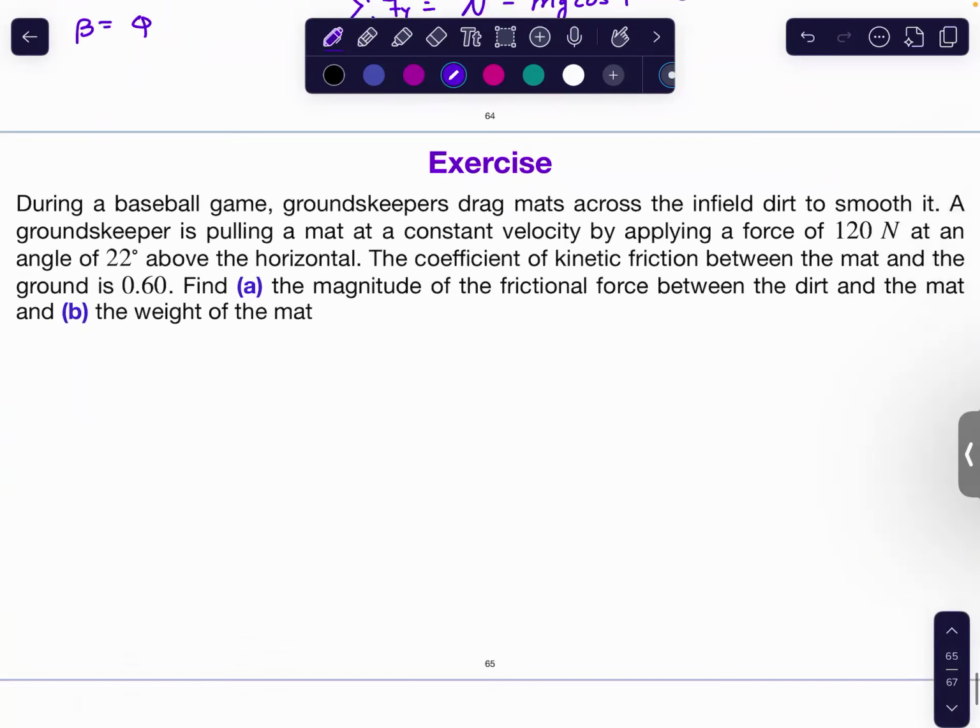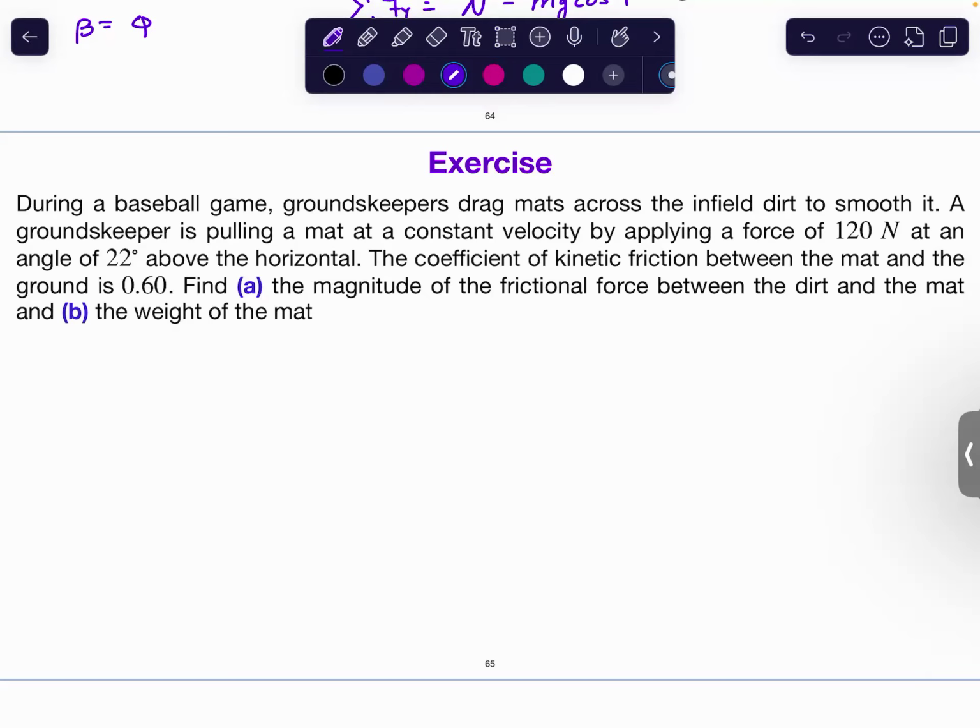Okay, so let's say here during a baseball game, groundskeepers drag mats across the infield dirt to smooth it. A groundskeeper is pulling a mat at a constant velocity. So again, no acceleration. That means there's constant velocity, so you have an equilibrium system and no net force.